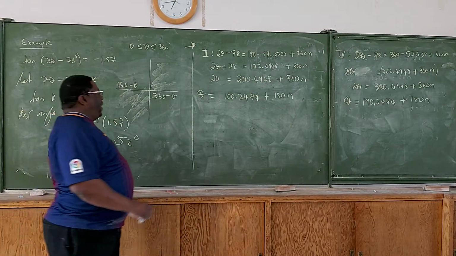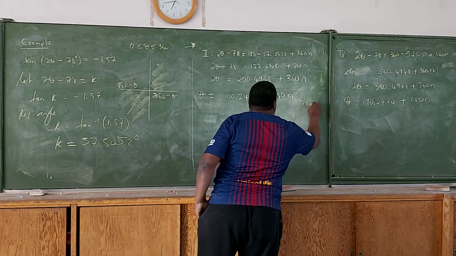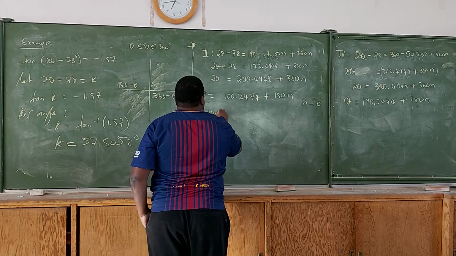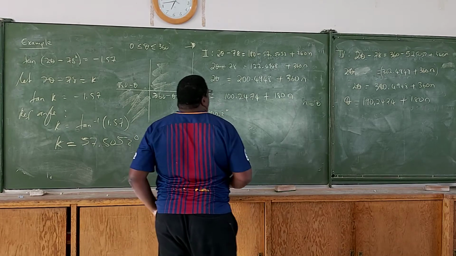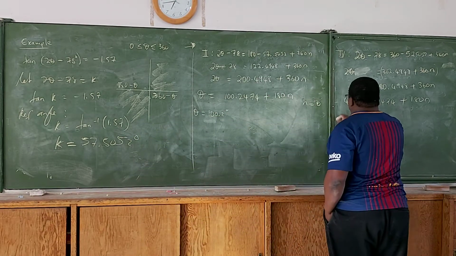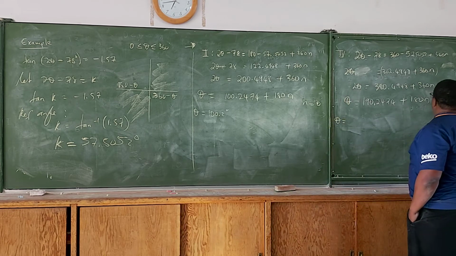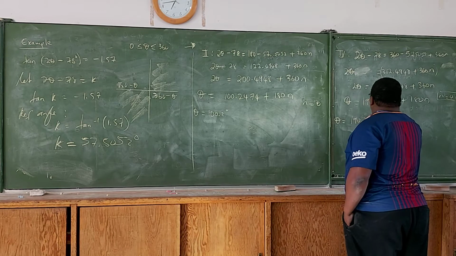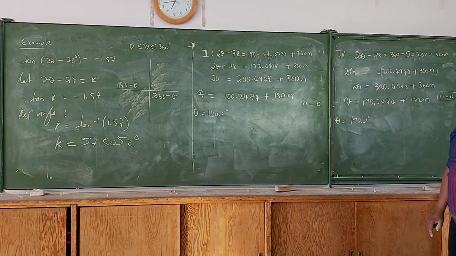Okay. So if n is 0, then theta will be 100.2. If n is 0 here, it will be 190.2. So it fits within my domain.